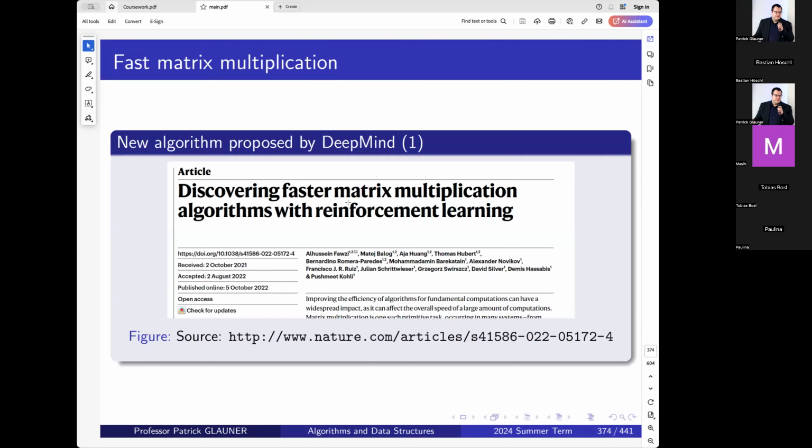And what is super interesting is this paper that appeared in October 2022, so after I taught the course 2 years ago, but before I taught it 1 year ago. And this paper was published by DeepMind. DeepMind, who of you has heard about DeepMind? It's a company, maybe thumbs up, thumbs down if you ever heard about DeepMind.